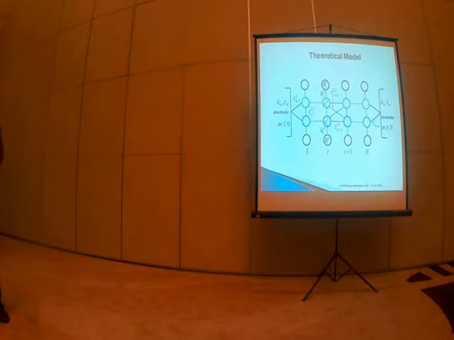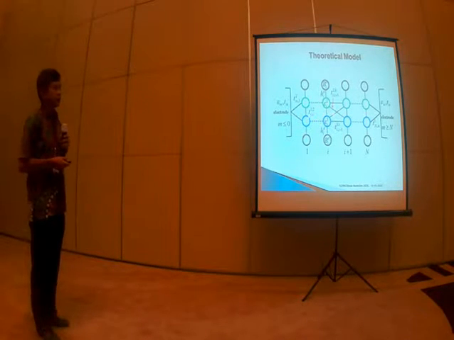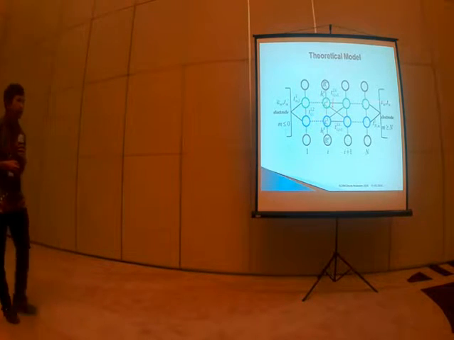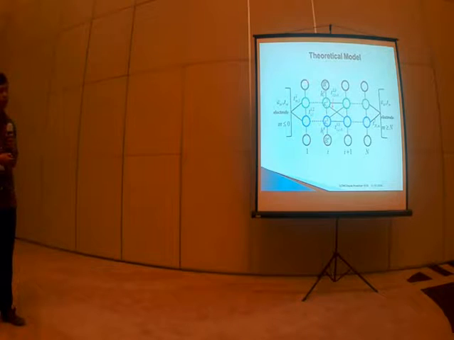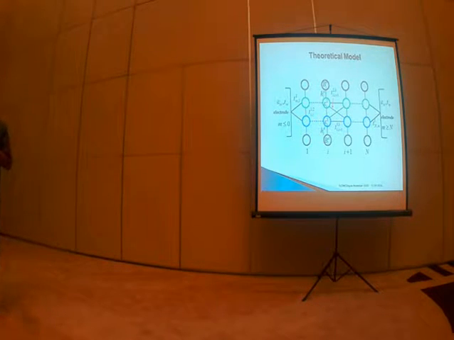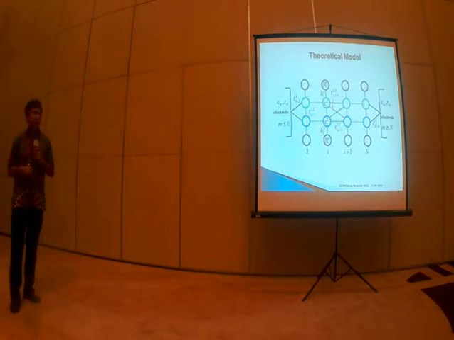Then this is the model we use. We model the DNA molecule with this two-channel model. This is the base, the DNA base, and then the top one in this circle is representing the backbone. In this model, the DNA is sandwiched in between two metallic electrodes.